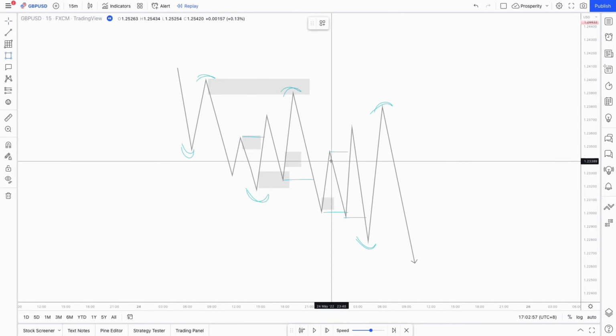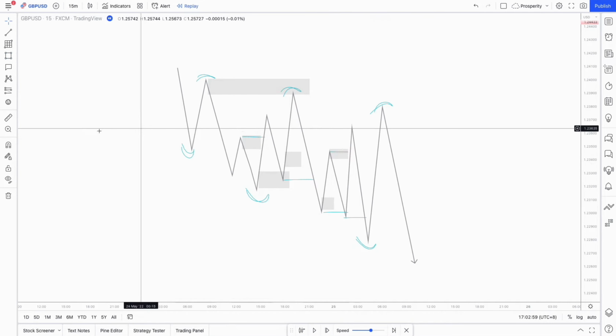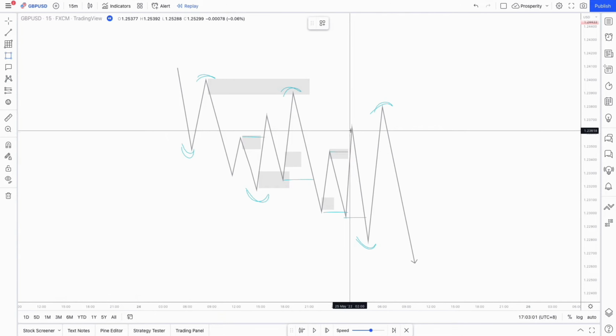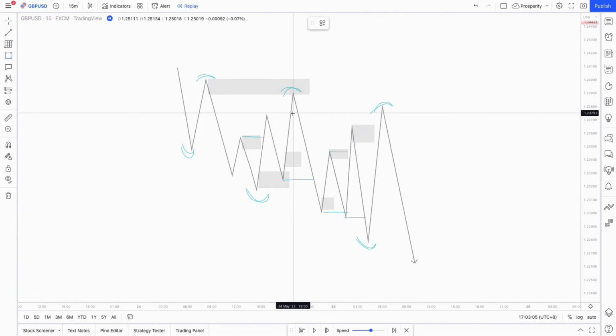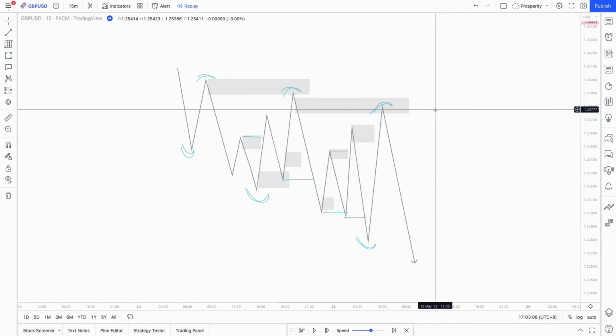Let's say there's a level of supply here, and then supply here, and of course supply in here.